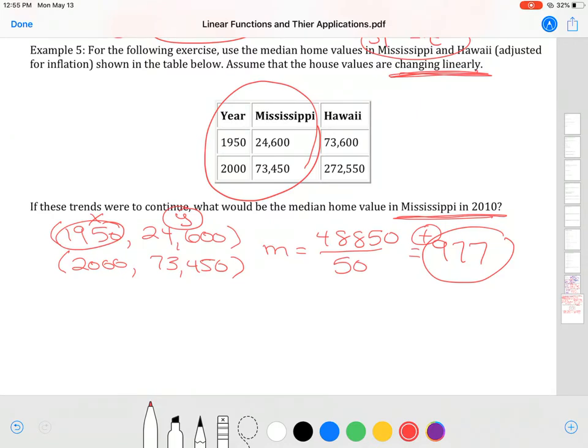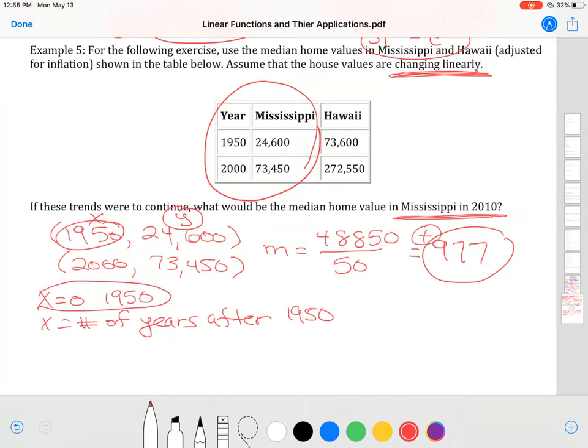Okay, so if we let x equals 0 be the year 1950, so x is going to be the number of years after 1950, that means my starting point at x equals 0, my value is going to be 24,600.